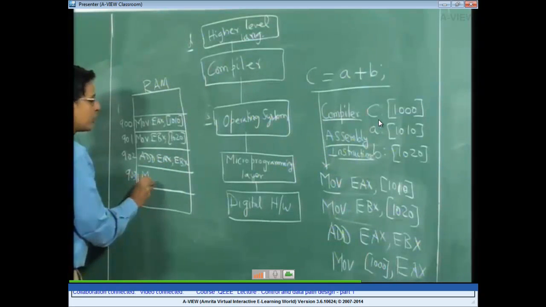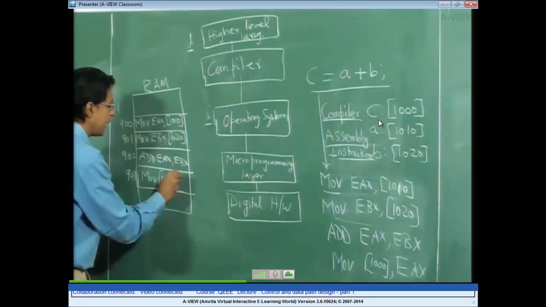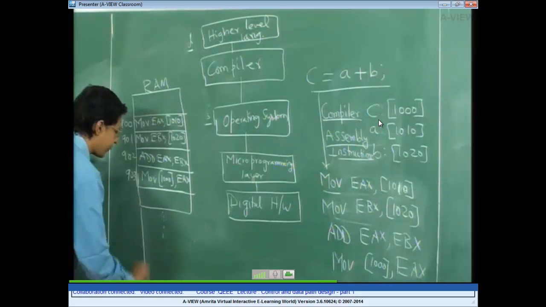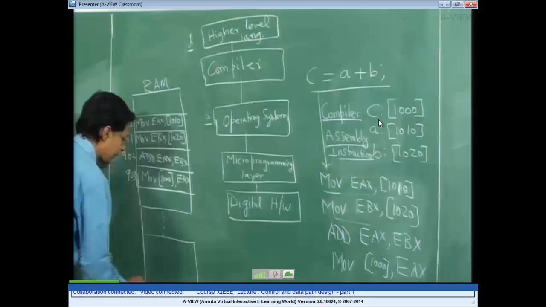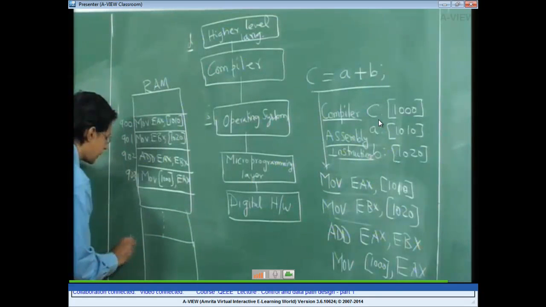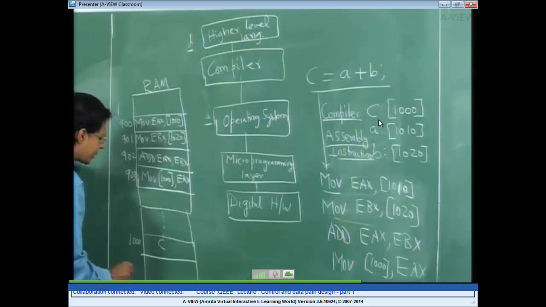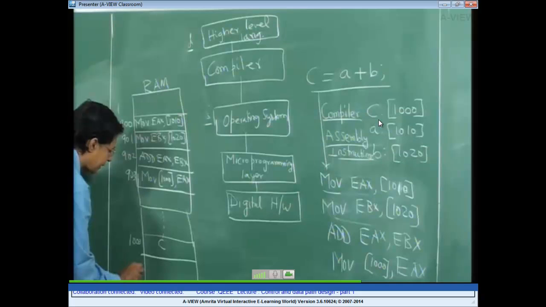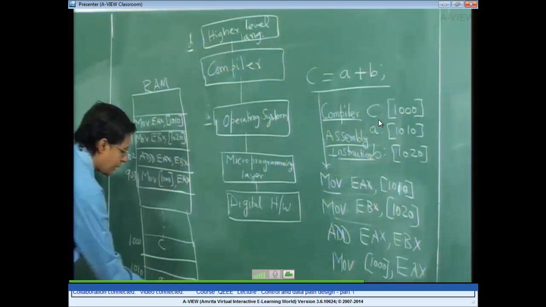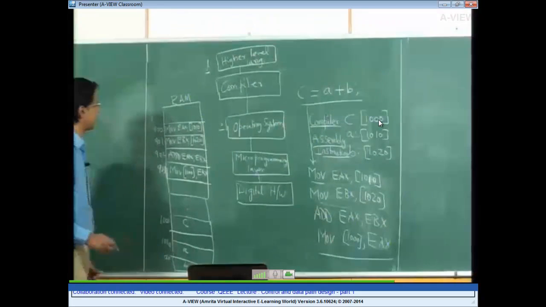Then move 1000, EAX is loaded here. Let us also assume that in 1000 there is a place reserved for C. In 1010 there is a place reserved for A, and in 1020 there is a place reserved for B.